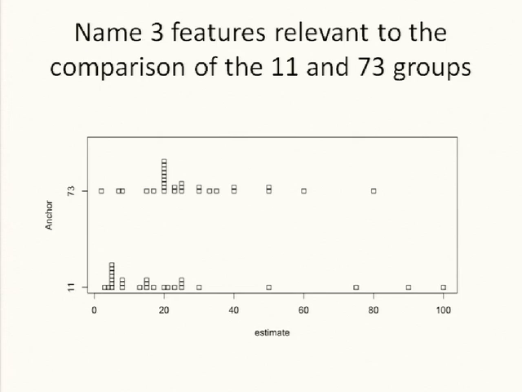What type of skewness do we have in both of these charts? Are these symmetric? I think for 11, most of the information is concentrated in the lower values, but 73 is a little bit more spread out. Okay, that's right. So you're thinking that the 73 group may have a larger variance.